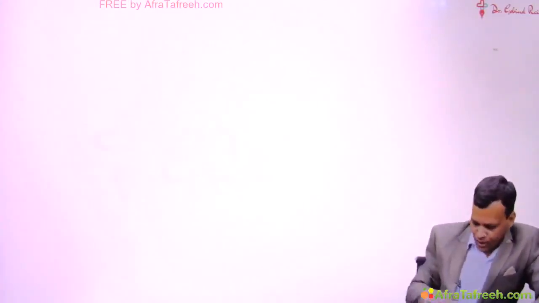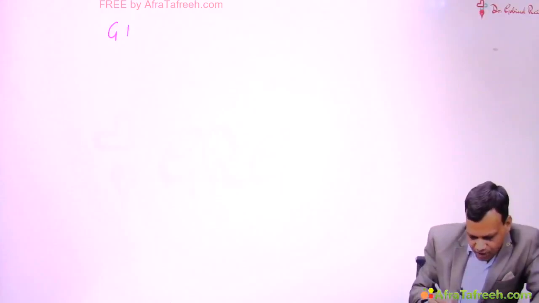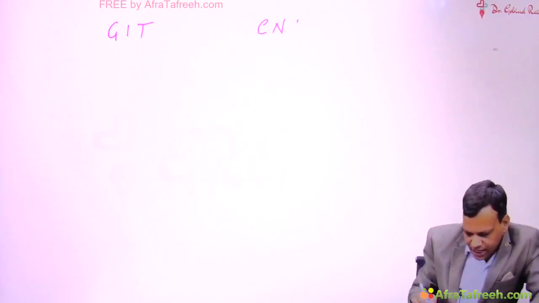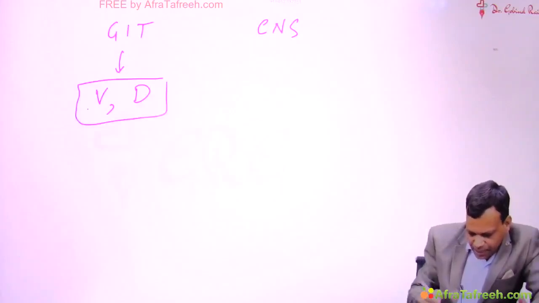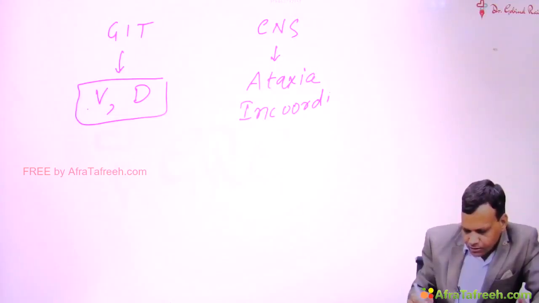So usually we assume toxicity when the plasma concentration is more than 2 milliequivalent per liter. Clear? Now what will happen in toxicity? In toxicity, obviously there will be symptoms, and the major symptoms pointing toward toxicity are GIT and CNS symptoms. GIT we already discussed, there will be vomiting and severe diarrhea, and in CNS there will be ataxia, incoordination, and even tinnitus may develop.